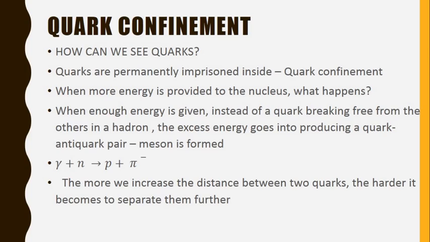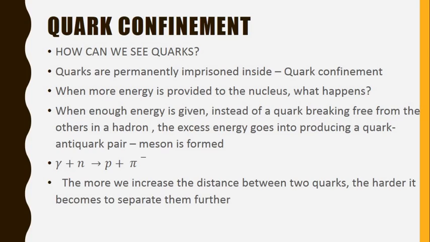Think that I am providing more and more energy to a neutron, because I want to split the neutron and see its structure. I know that this neutron is made up of U and DD quarks. So I am giving the energy to see the quark composition of the neutron, with the help of a gamma ray, that is gamma plus neutron.